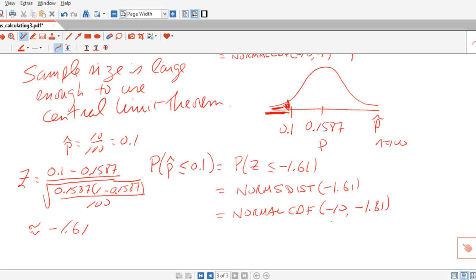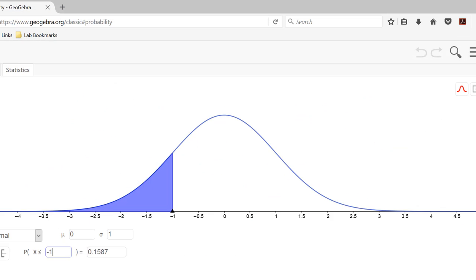Sometimes these calculators do come with an infinity button, and if that was the case, I would type negative infinity. But TI-83s, 84s require a bound. So in this case, I'm just putting a crazy z-score like -10, which is way out there, and to a few decimal places, it will give me exactly the same result. Or I can go to GeoGebra and get exactly the same value.